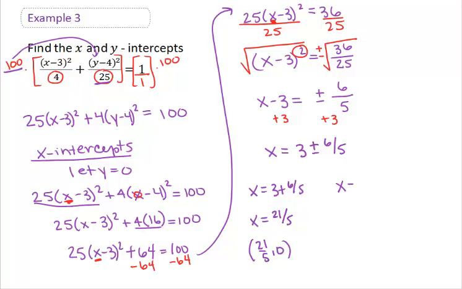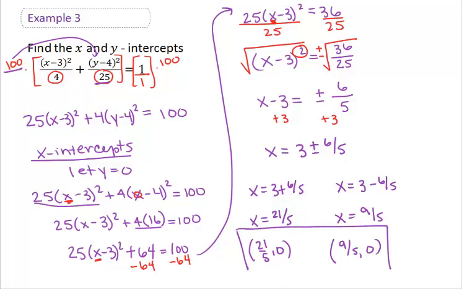I also have x equals 3 minus 6 fifths, again creating a common denominator and subtracting. Gives me the answer of x is equal to 9 fifths, or the ordered pair (9/5, 0). So I have two x-intercepts here, one at (21/5, 0), and one at (9/5, 0).